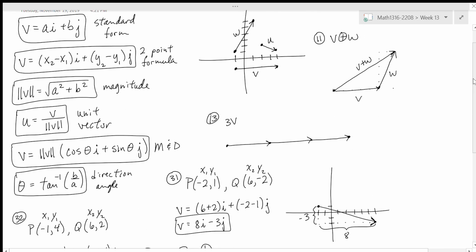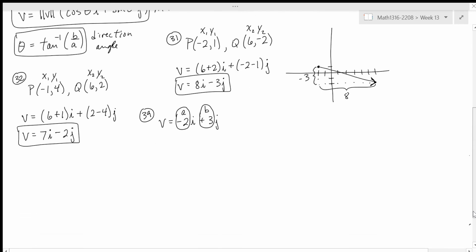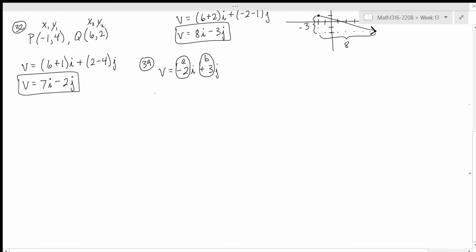That's from all the way up here at the top. The a is the i and the b is the j. And we're going to plug into the magnitude formula. All right, so that's going to be square root of negative 2 squared plus 3 squared.